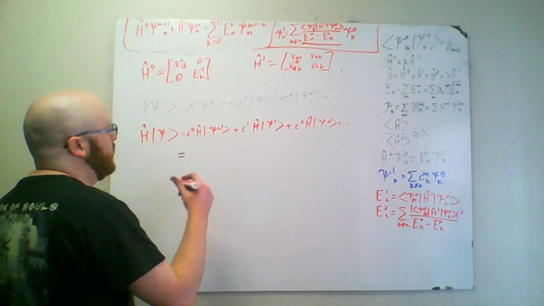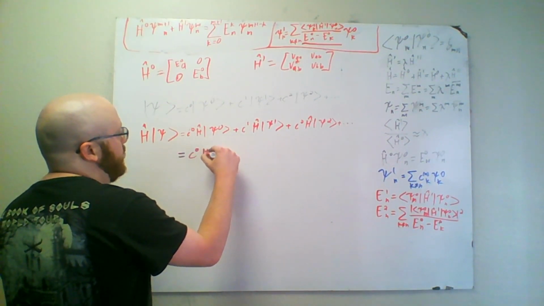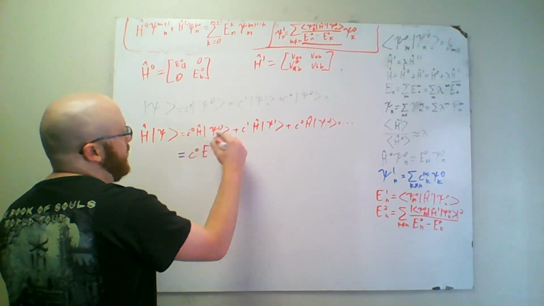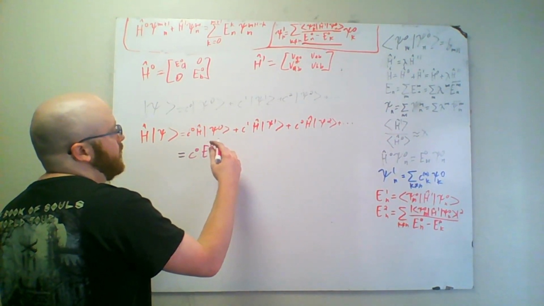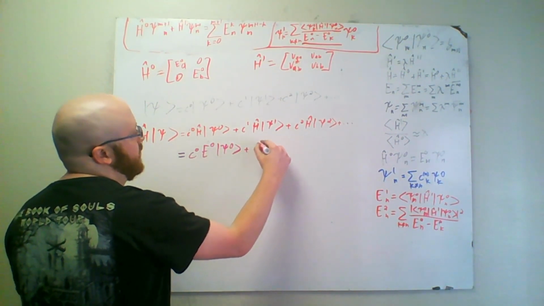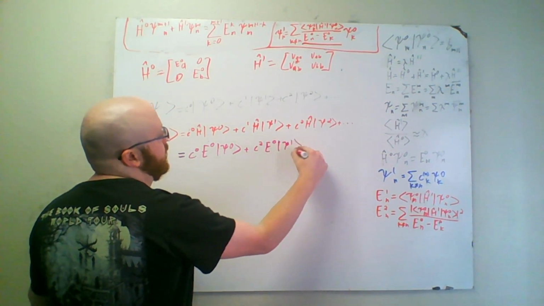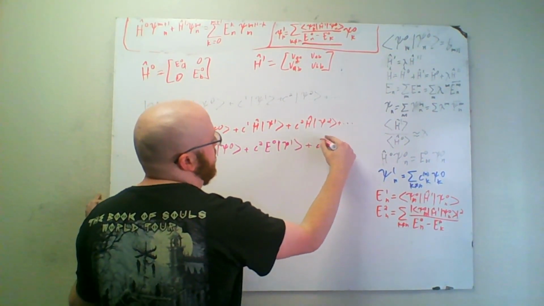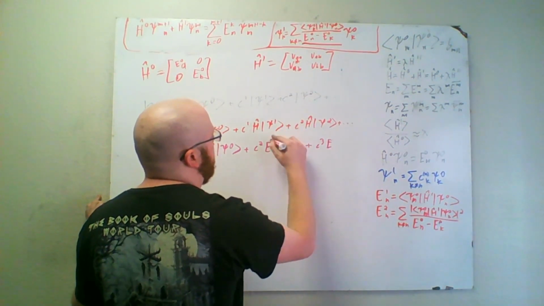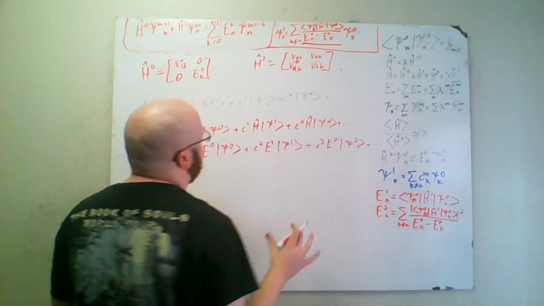But anyway, we set it up so that when we apply the Hamiltonian here, we just get C0 E0 psi 0 plus C1 E1 psi 1 plus C2 E2 psi 2 plus dot dot dot, right?